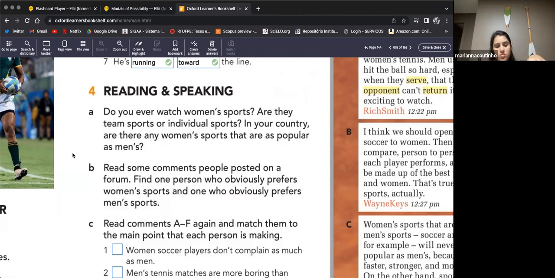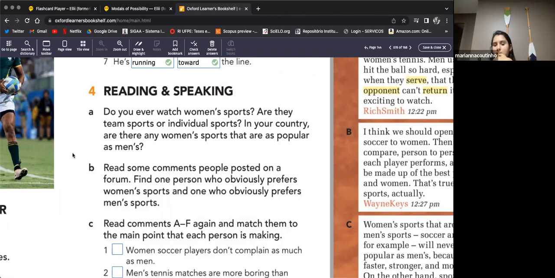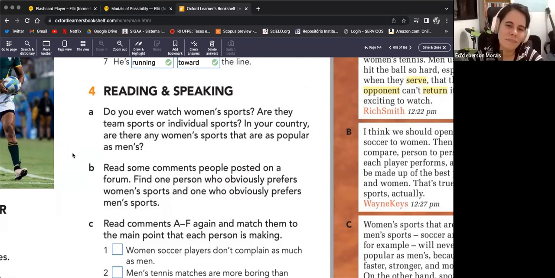The second, are they team sports or individual sports? It's both. I prefer team sports in general. I prefer watching volley than watching gymnastics. I prefer teams, and I prefer a lot of points and everything.